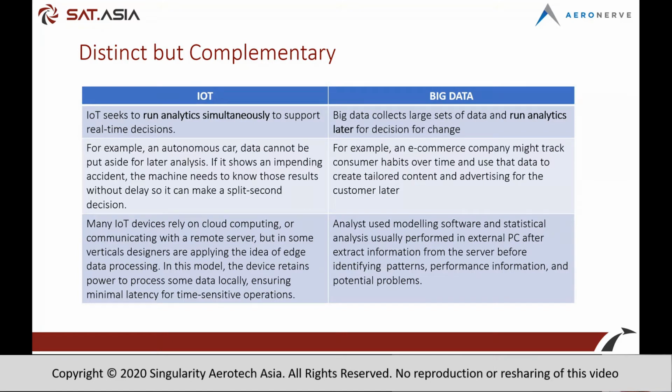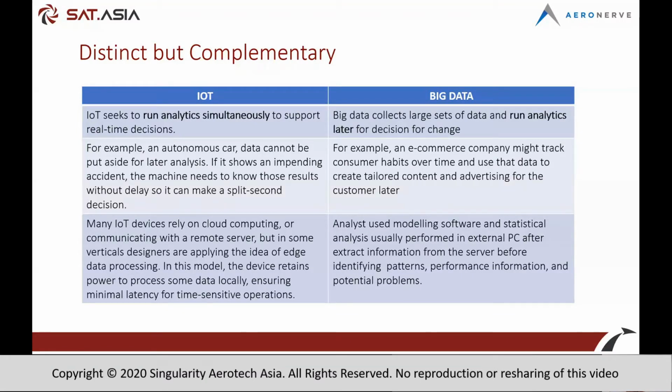I give you one example. For an autonomous car, data cannot be put aside for later analysis. You need the decision to be made instantaneously, because if it shows, for example, an impending accident, machines need to know those results without delay. That can be done with IoT. It's too late if you take all those data about a collision that might happen, send it out to the team at the back, and then study, analyze, and report, and then make a decision.